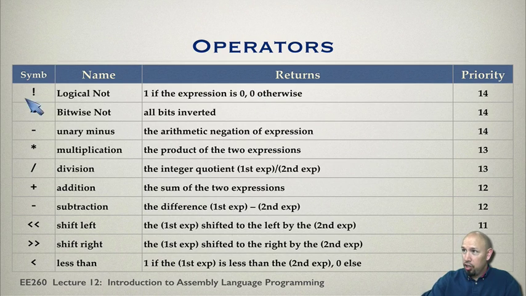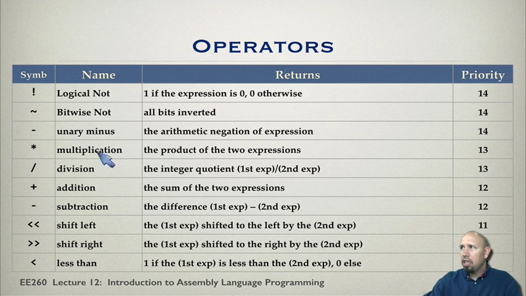So that's the logical NOT. This is a bitwise NOT. If you have a byte, this NOT will give you the inversion of every bit. Here's a unary minus. That's what you use to create a negative number. Multiplication, division, addition, subtraction.